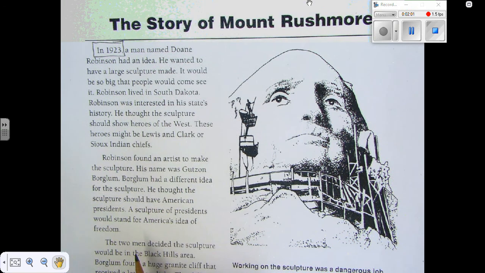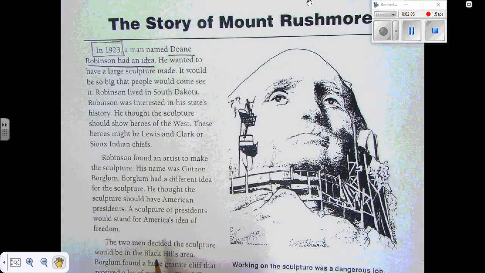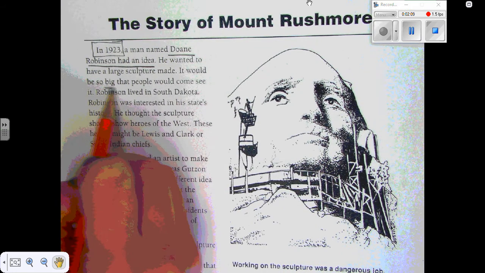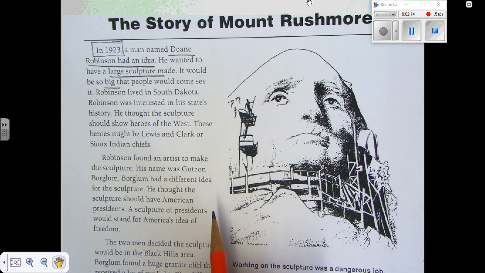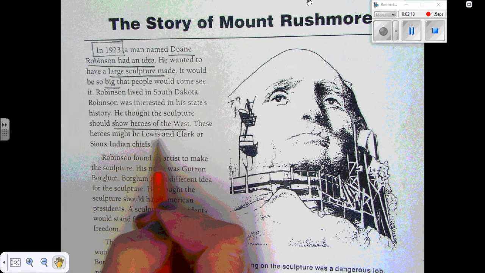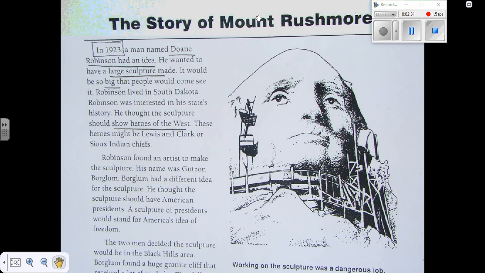I know that in 1923, Doane Robinson had an idea to build a large, very big sculpture, and he wanted it to show heroes of the West, and then he had some ideas of what that might be. So if I'm looking at this article and I'm trying to organize my information, organize my notes, that's what I'm going to start with. I'm going to start with my first year, kind of thinking about a timeline.